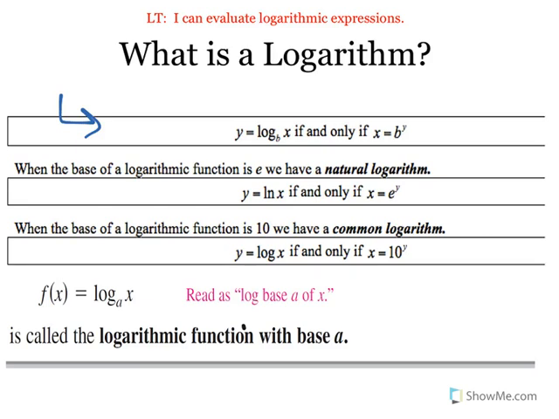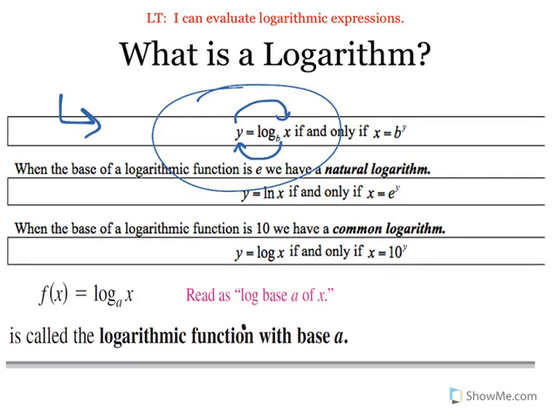Here is how I would show you how to do this. So over here on this side, I've got y equals log base b of x. Now if I want to rewrite that as an exponential, I always want to start with my base. So my base is b, and I'm going to draw an arrow over to this number, and then from there, I'm going to come back over to what I'm taking the log of.